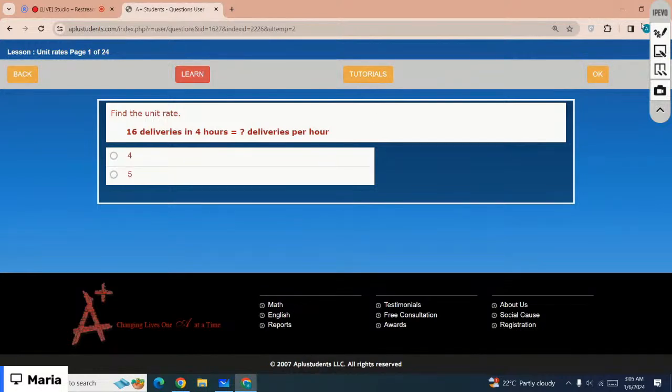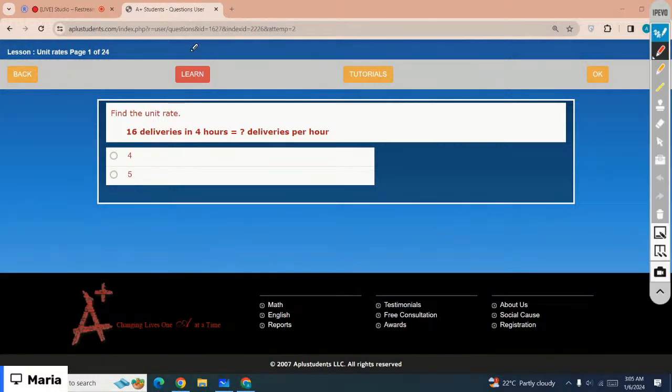You have to calculate the deliveries in 1 hour, so you have to divide 16 by 4. 16 divided by 4 is 4, because 4 times 4 makes 16. That means 4 deliveries per hour. In 1 hour, you have 4 deliveries. So the correct option is 4. Got it?